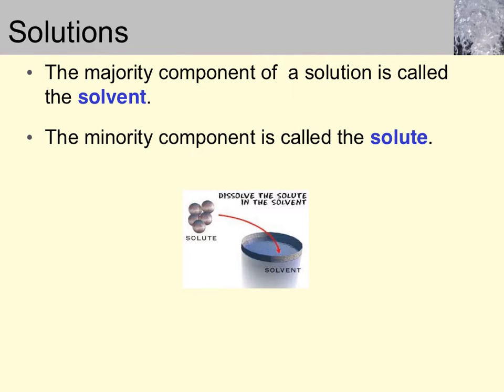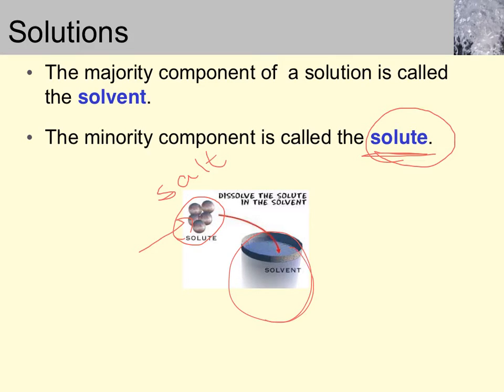Again, to refamiliarize you with the vocabulary, the substance that you dissolve into something else is called the solute. So if you were making salt water, the solute would be the salt. And the substance that's doing the dissolving is called the solvent.